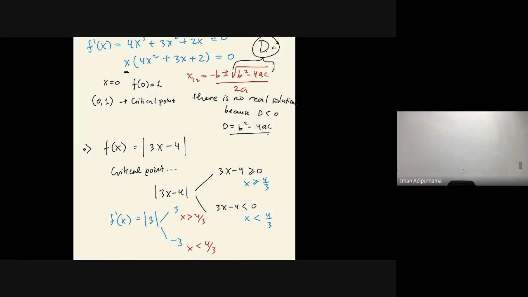So you can write the function: the f prime doesn't exist at that point, but you still can have this number. But at x equals 4/3, it's a hole.